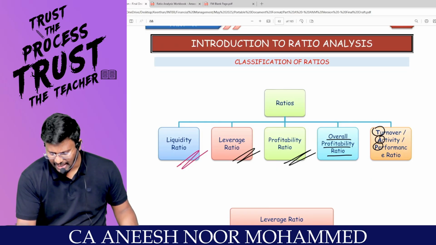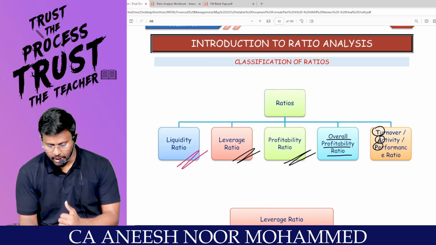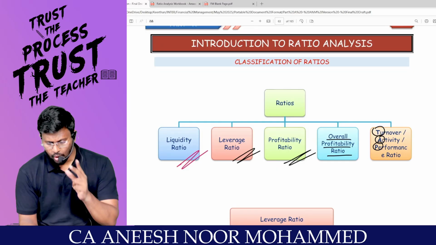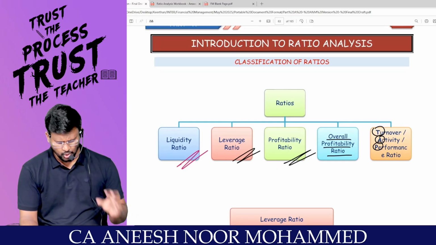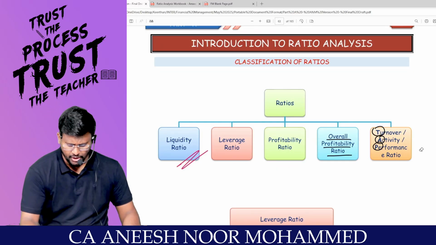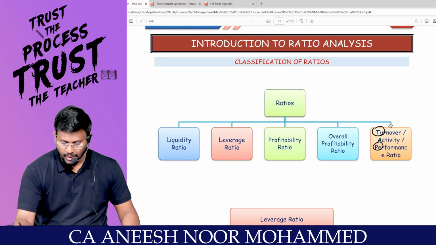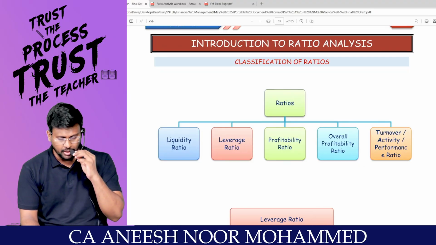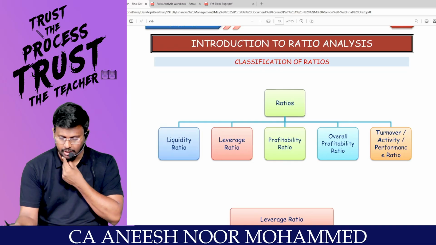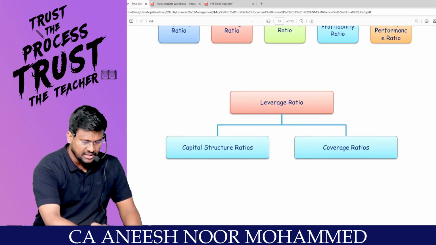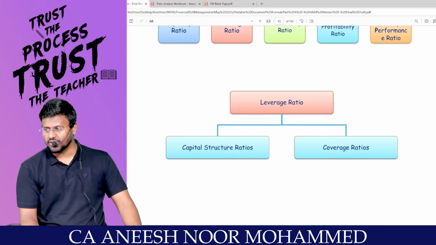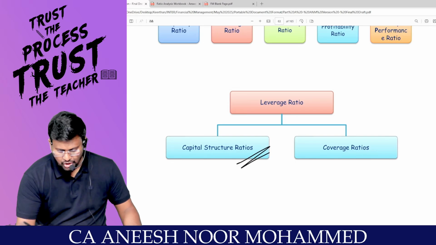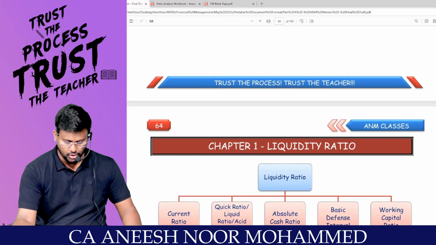Number 5, TAP ratio, which is turnover ratio, activity ratio, performance ratio. The leverage ratio is again classified into 2 categories: capital structure ratio and coverage ratios.